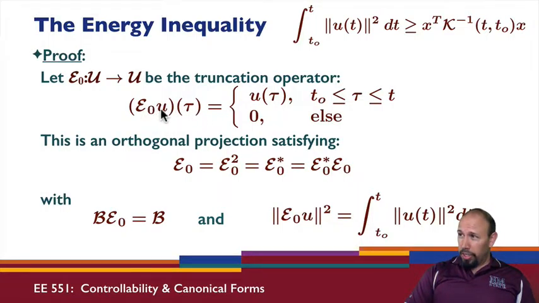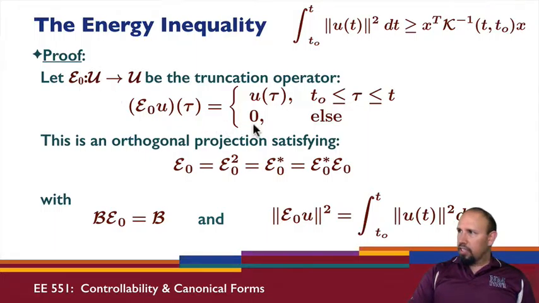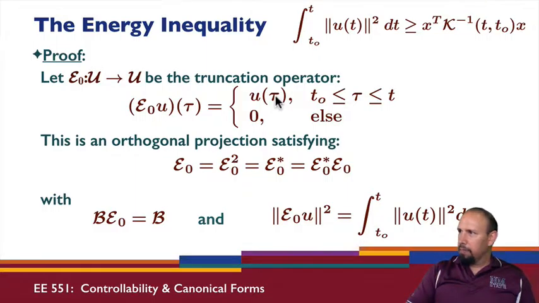Operating on a signal, it's going to truncate the signal outside this interval. It's going to set it to 0. In general, I could have in my space a signal that goes on forever. What this does is truncate it between time t0 and t.